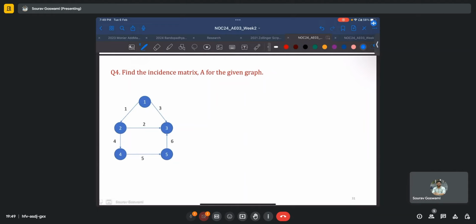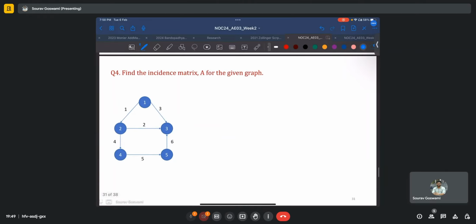The fourth question is asking us to find the incidence matrix for the given graph. So during the lectures, Professor Day briefly touched on the incidence matrix for any given network or any given graph. So this is a similar example.